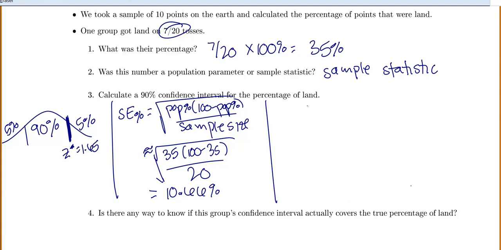Now, let's find our actual confidence interval. So it's always our estimate, which in this case is our sample percentage, plus or minus Z star times the standard error.